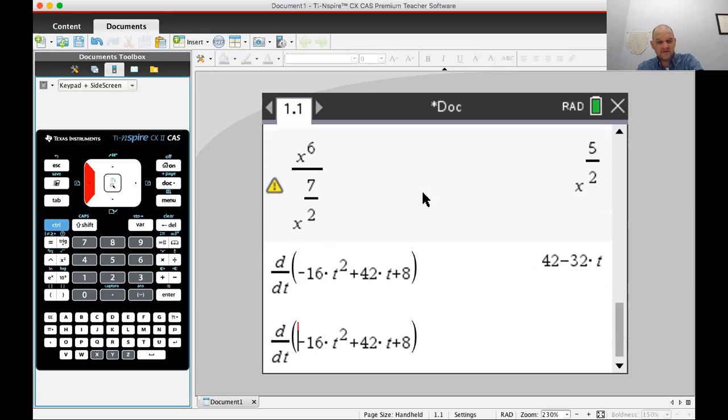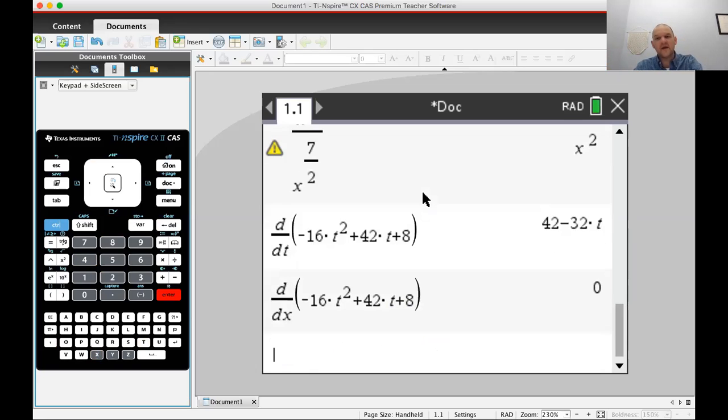If we had accidentally said with respect to x, the answer would be 0 because there are no x's in here. As far as the derivative is concerned, everything is a constant. When you get suspicious zeros as your derivatives on the calculator, always go back and check your variables, because I almost guarantee you will have gotten one of the variables wrong.